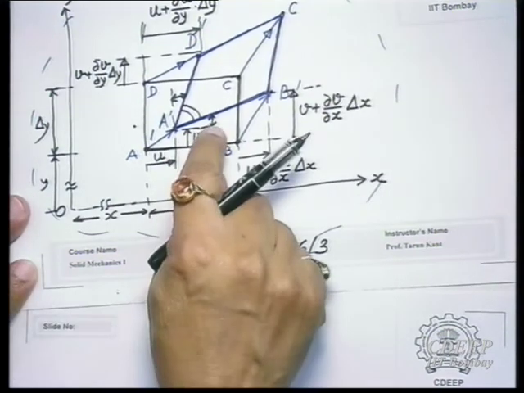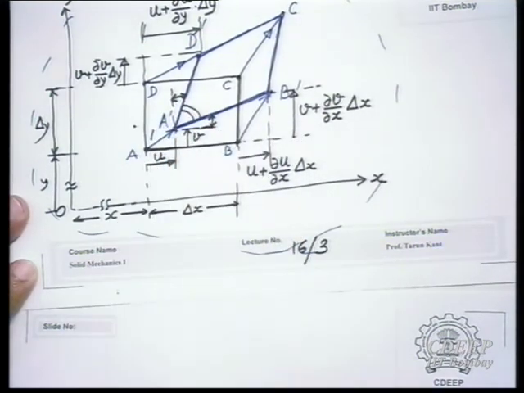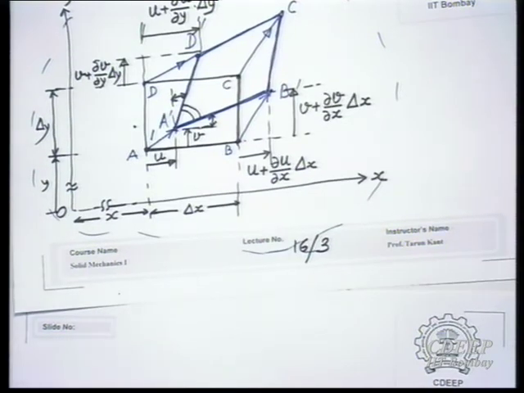If I take this and this, this is the angle by which it has reduced from 90 degrees. That will give me a measure of shear strain, the change in the right angle. I will try to find this from this.